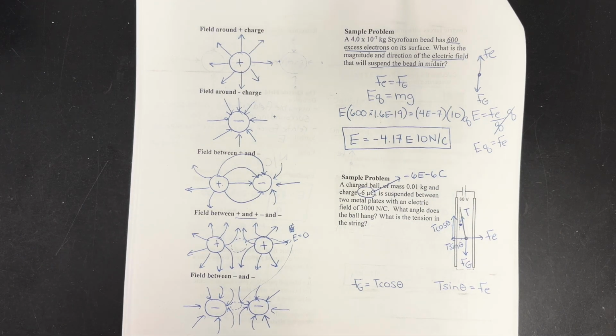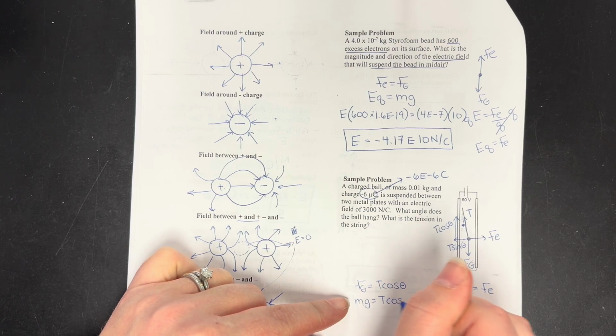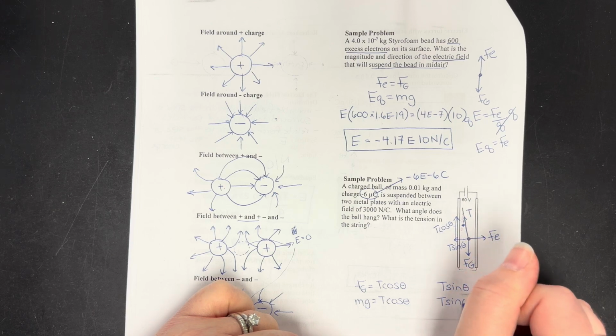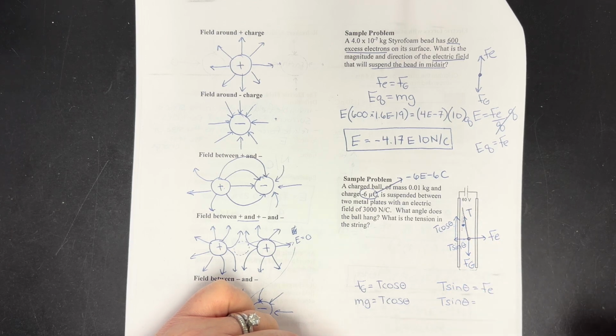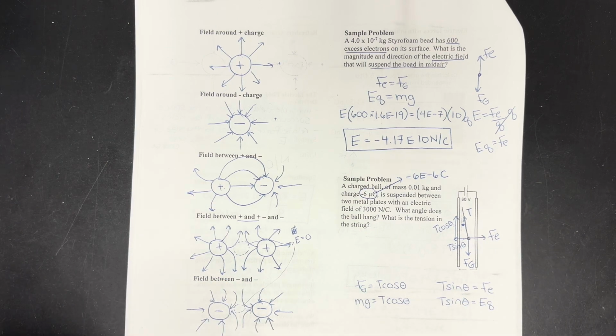Well, let's see if we can plug in some stuff here. We can start by saying that FG is mg, and we know that FE is equal to EQ. Okay? This isn't really helping us.